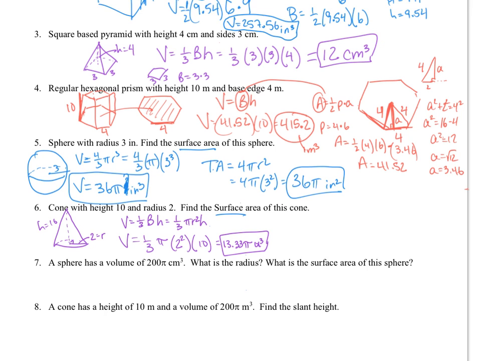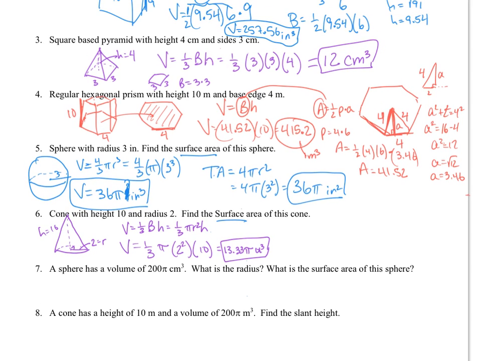Okay, so now for the surface area, we've got the total area, and that's pi r L for a cone. So for a cone, we've got the pi, we've got the radius, which is 2. Now we need the slant height. This is the L right here.